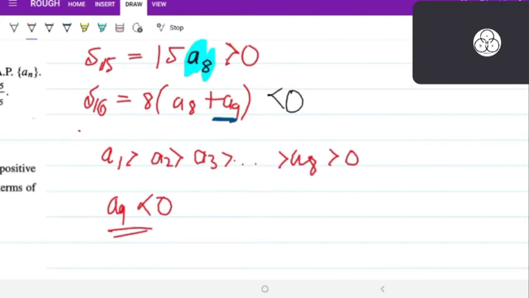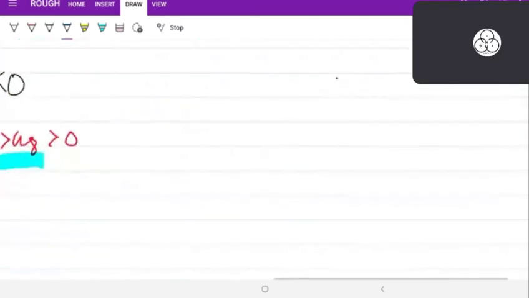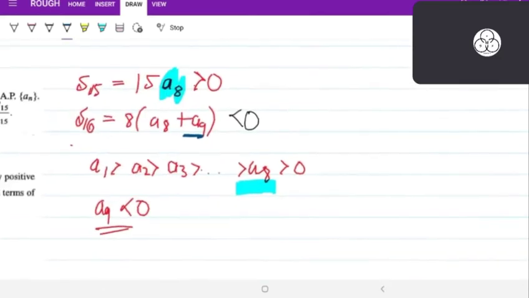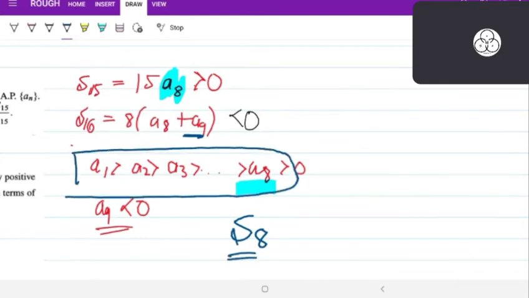Who will give me the largest ratio? The highest sum divided by the smallest positive term. The highest sum is shown by S8, because S8 is the sum of all the positive numbers. So S8 is greater than S7, greater than S6, because they are adding positive numbers.